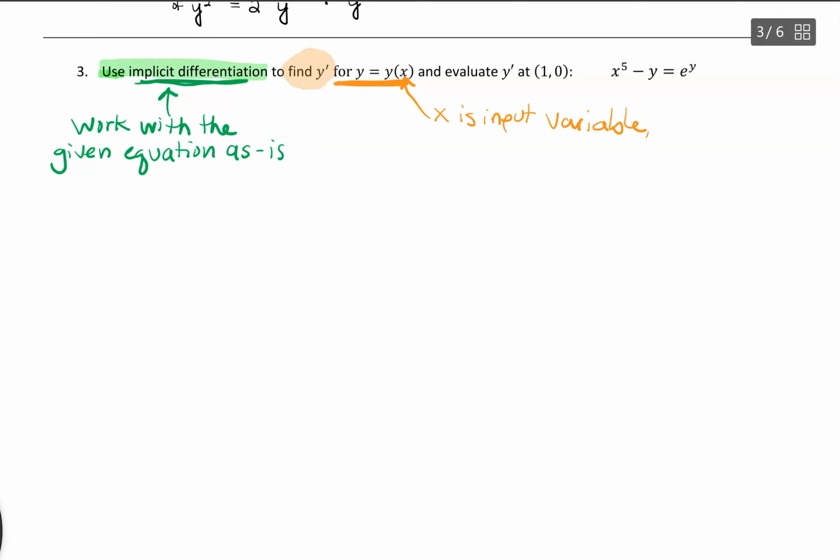And if x is a variable, then we know that x prime is going to be a 1. The derivative of a plain old variable is 1. And it also helps you see that y is a function. So then that tells you that y prime is not going to be a 1. You're going to leave it y prime.